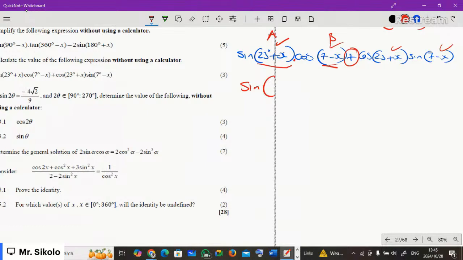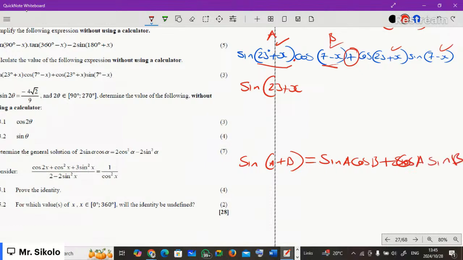This one will be A, so it's 23 plus x. The compound angle of sine, if you had sine of A plus B, expanded, is sine A cos B plus cos A sine B. You can check it on your formula sheet.